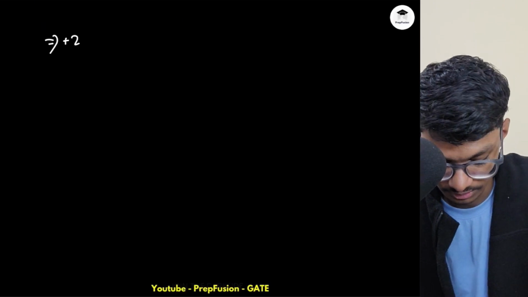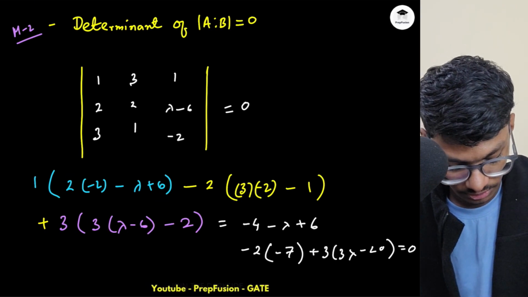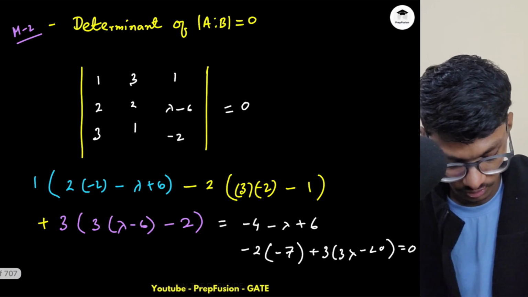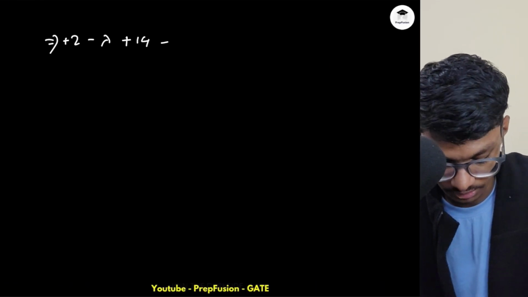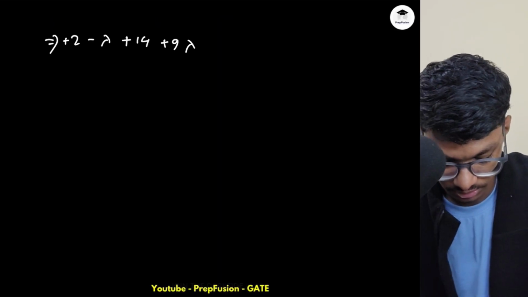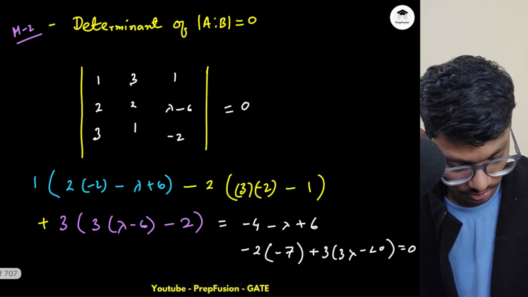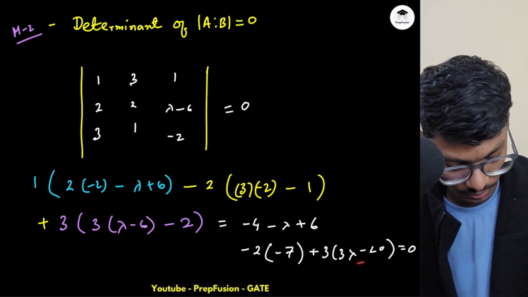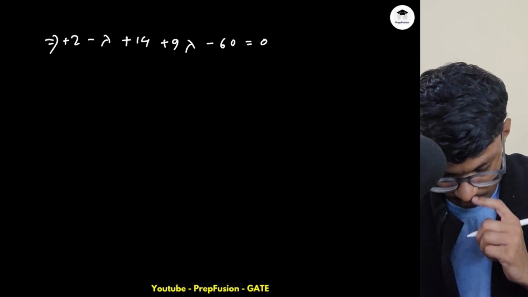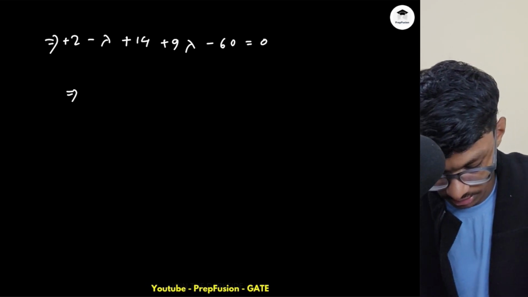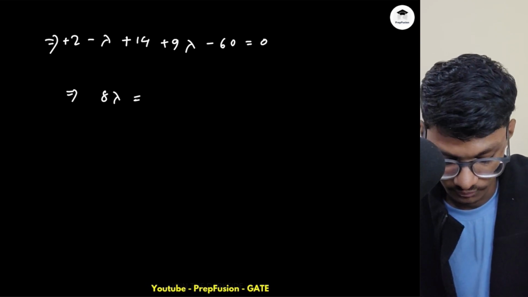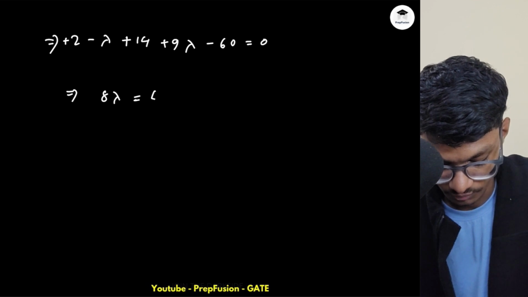So plus 2 minus lambda, then plus 14, then plus 9 lambda, then minus 60 equals 0. So 8 lambda goes over to that side, and this is 46 minus 2, 44.